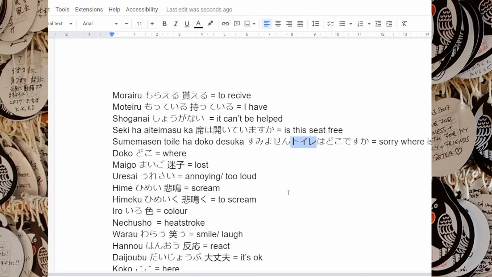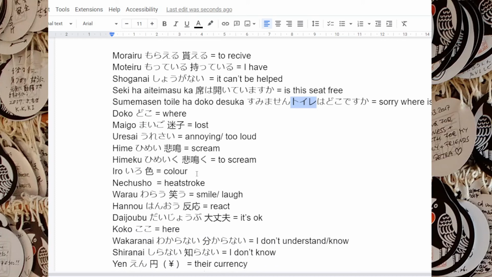Notice how I say it. I don't say hime, because hime is princess. It's himei, lengthened out because it's got an I at the end. Iro being color. Netchusho. I couldn't find the kanji for this or the words. I completely forgot to do that. Sorry. That's basically just heat stroke.